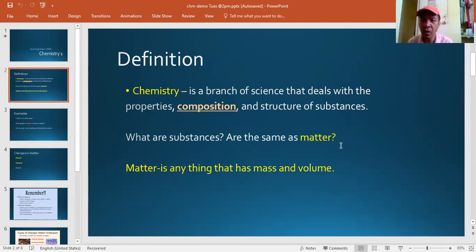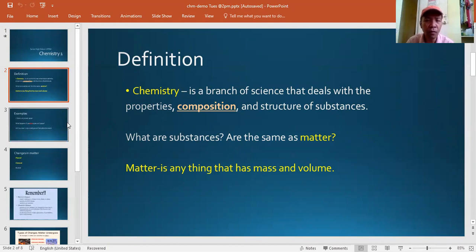And in chemistry, or in science in general, when we say matter, it is anything that has mass and volume. Everything around us which occupies space and has mass is called matter.